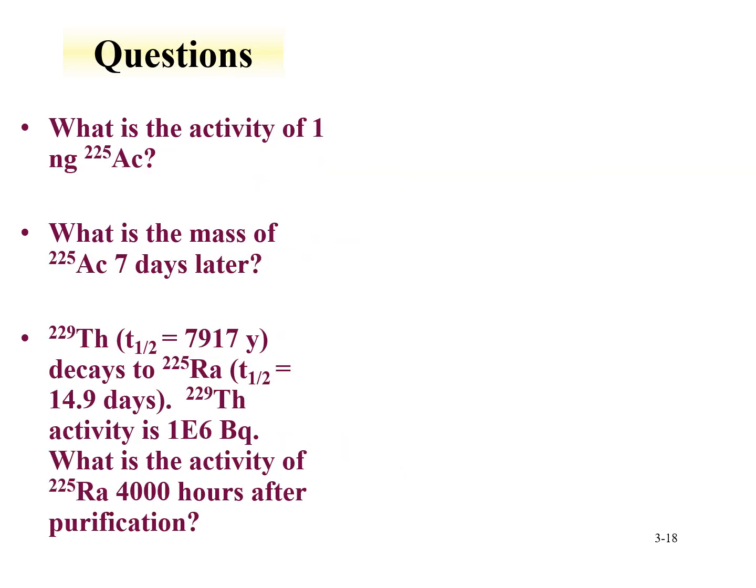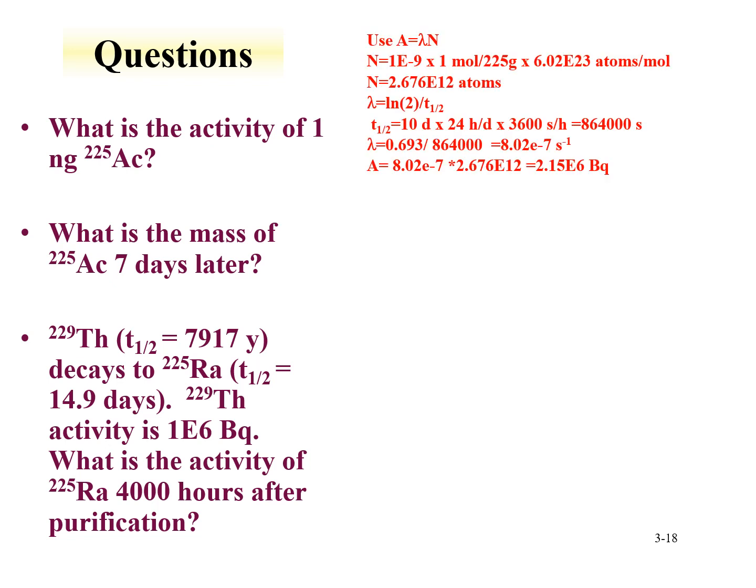Some other questions you should be able to answer. What's the activity of a nanogram of a certain isotope, in this case actinium-225? The main equation to use, activity equals lambda N. So now we need to solve for N for 1 nanogram of actinium-225. We can evaluate that number. We want to get the decay constant for actinium-225.